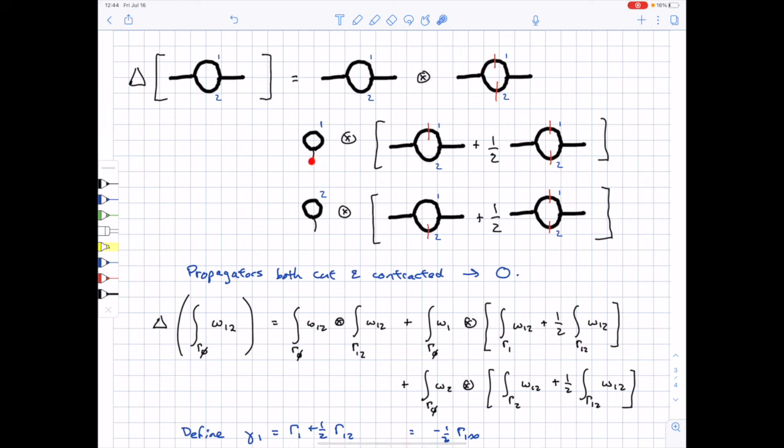Now, there is no p squared remaining in these contracted tadpoles, so the discontinuity here would become 0, and we're only left with this term, where we find the discontinuity of this integral is the discontinuity of, well, itself essentially times its cut.